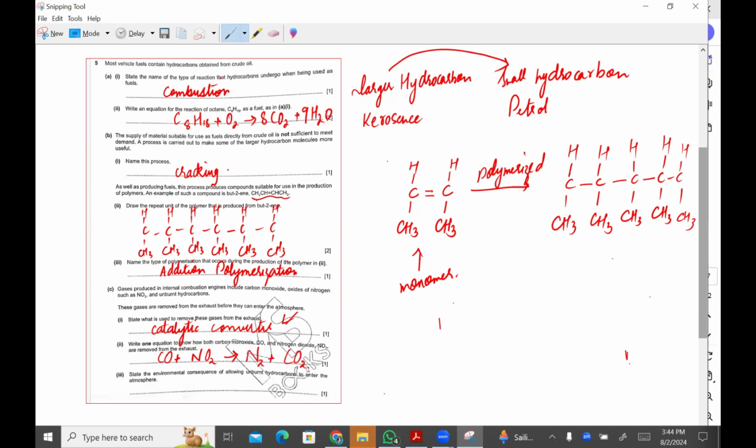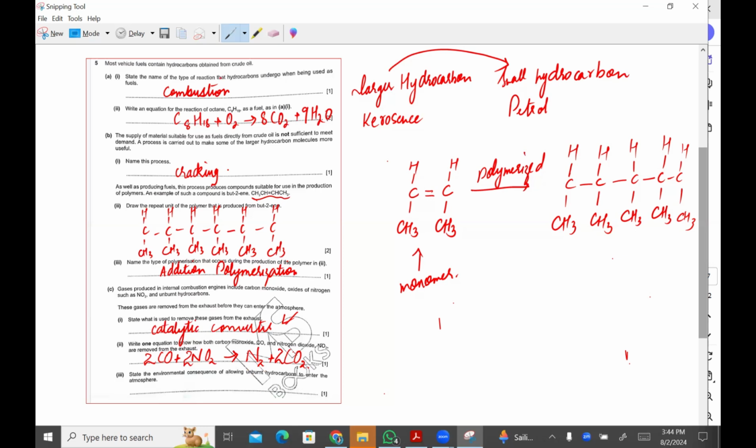So we have to just balance it. We put 2 here, and in order to balance it, we put 2 here. Do you think it's balanced now? No, because there are 4 carbons, so we put 2 here as well and 2 here as well. Now it seems to be balanced.